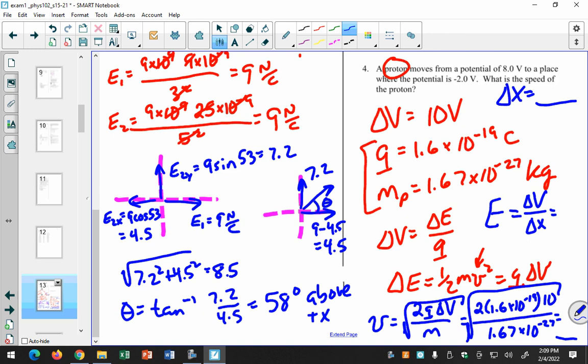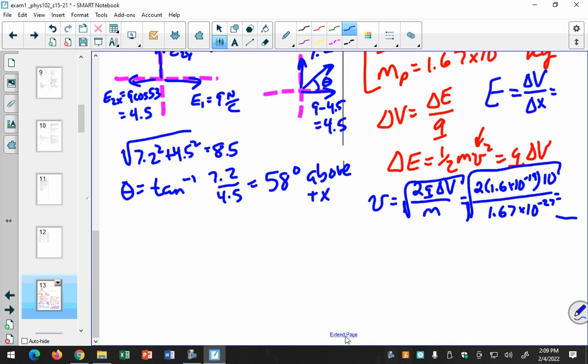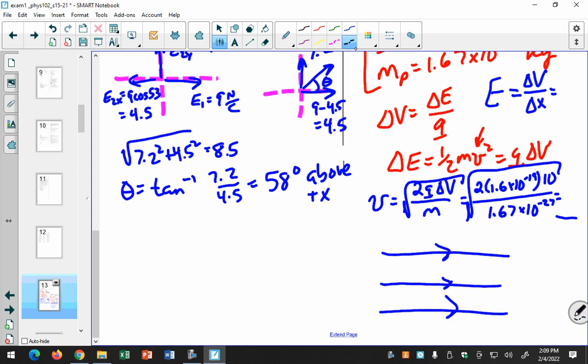I drew it in class today, but it'll look something like this, where I'll show you the electric field lines, I'll show you the equal potential lines, and I'll ask you if I have a charge that moves from here to there over a certain delta X, what is the electric field? If I know my delta V and I know my delta X, then what is my electric field? And you're just doing this.